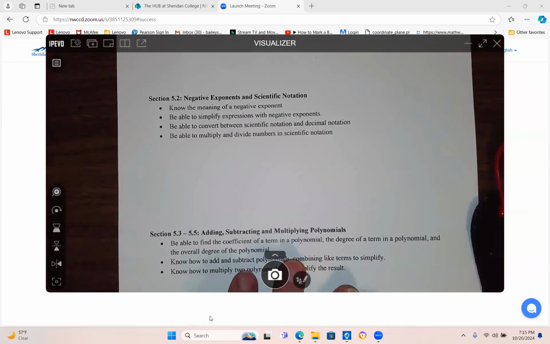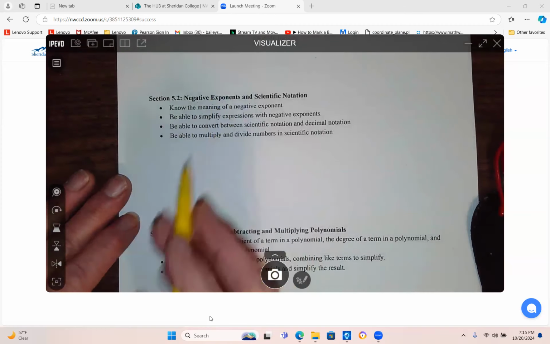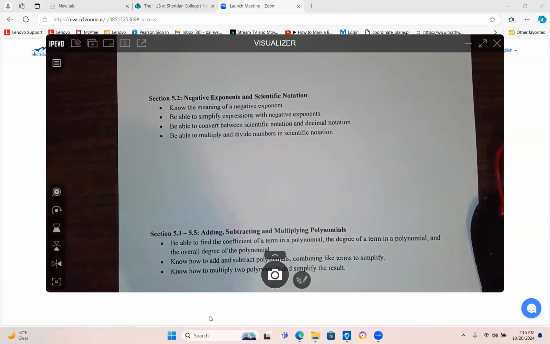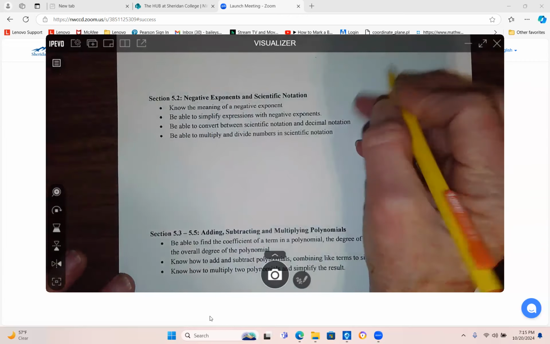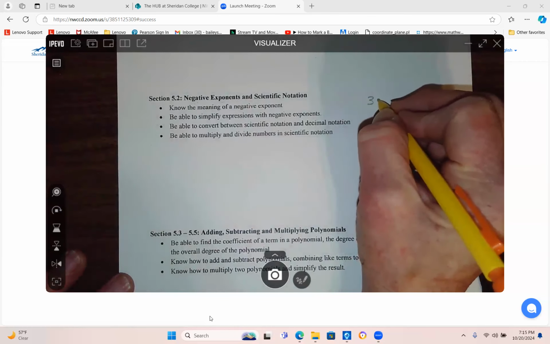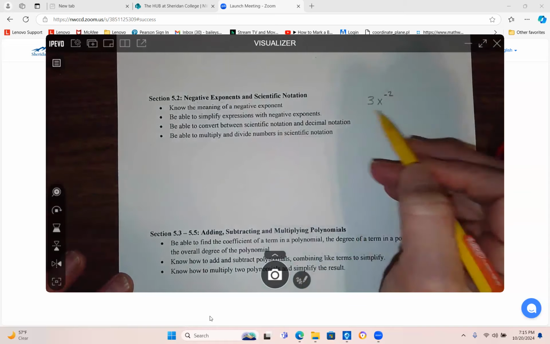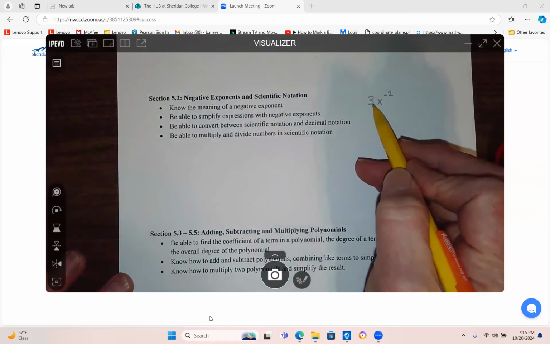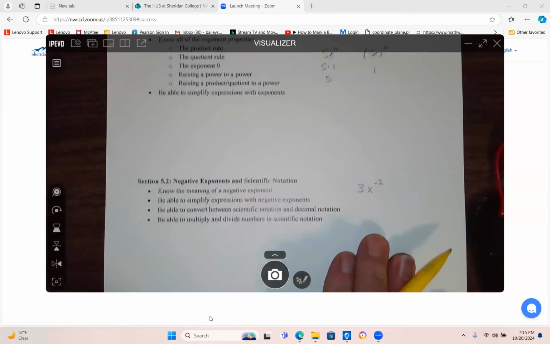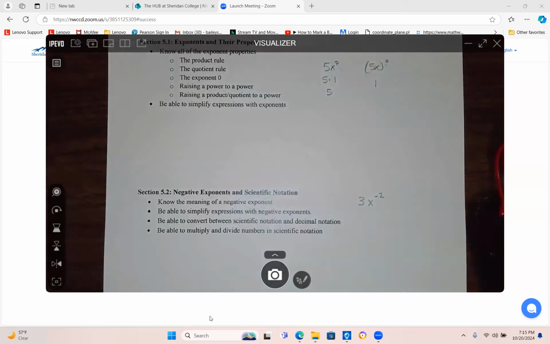Now, with negative exponents and scientific notation, negative exponents change position. They don't change the sign on the term. So let's say we had 3x to the negative 2. Just like up above, the 3 is not a part of the exponent.